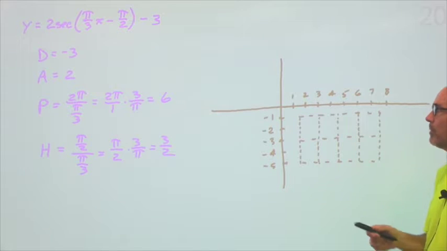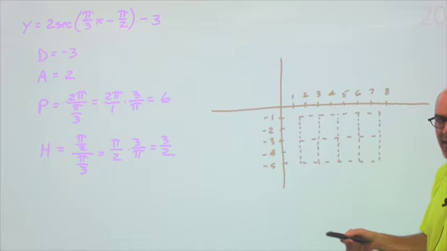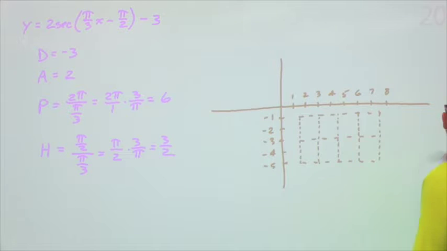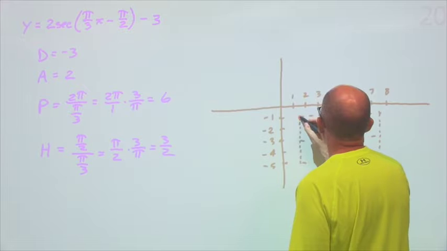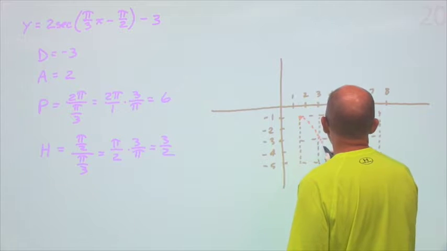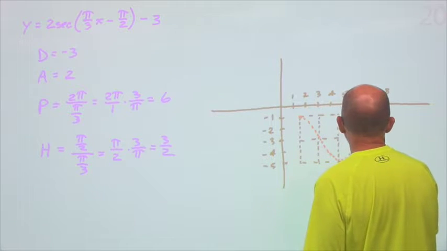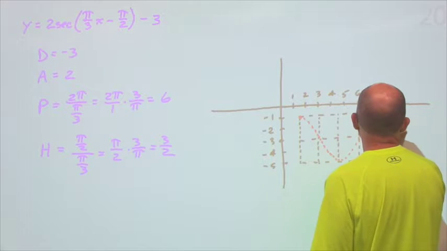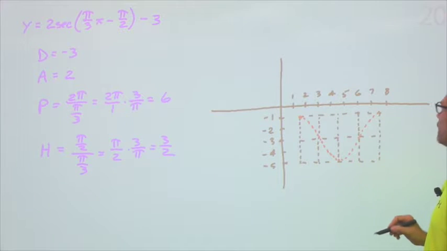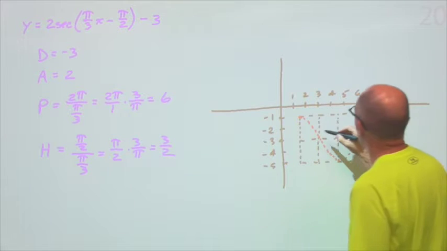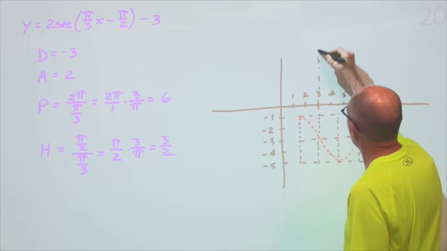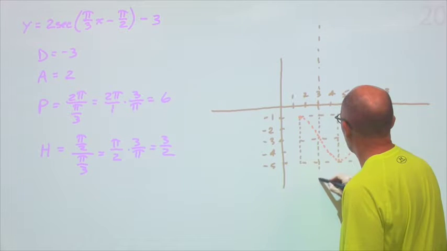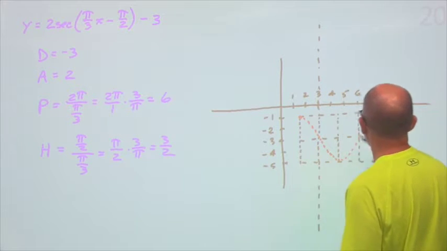Now, remember, the reciprocal of secant is cosine, so our cosine curve would start at the top, go to the middle, bottom, middle, and top. But we're not doing a cosine curve, so wherever it would cross the middle is my vertical asymptote.